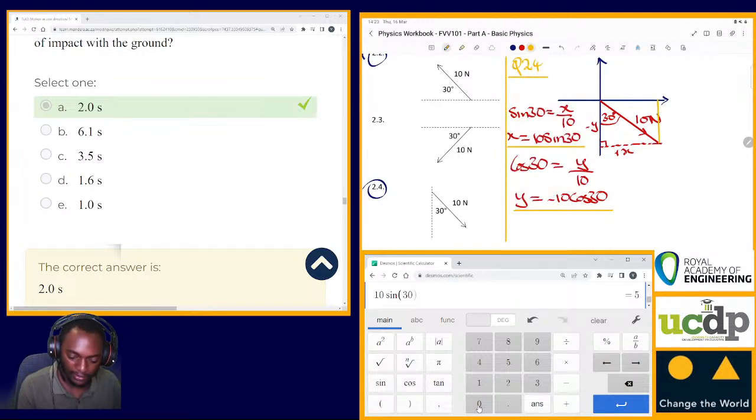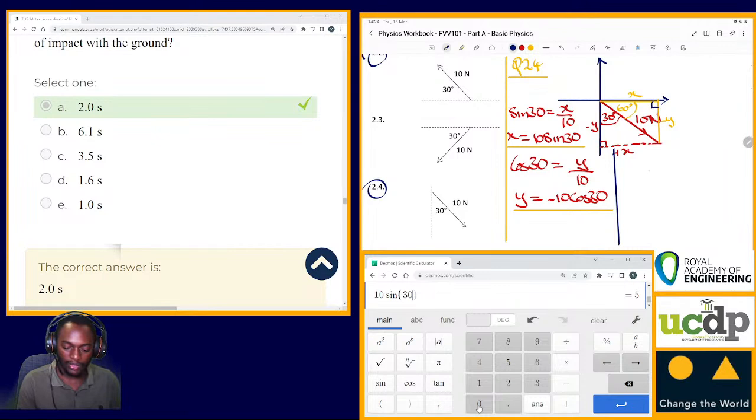If you want, you could have used this triangle, right? Then this angle becomes 60. And you will still be looking for x, and your y will still be negative. Okay? If you choose to do it that way, then looking for x, our x is now the adjacent. As you can see, it's on the side where we've got our angle 60 and our right angle. Okay?